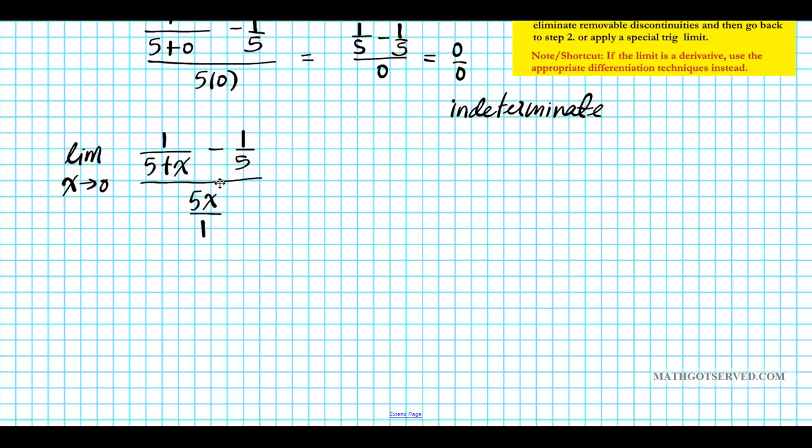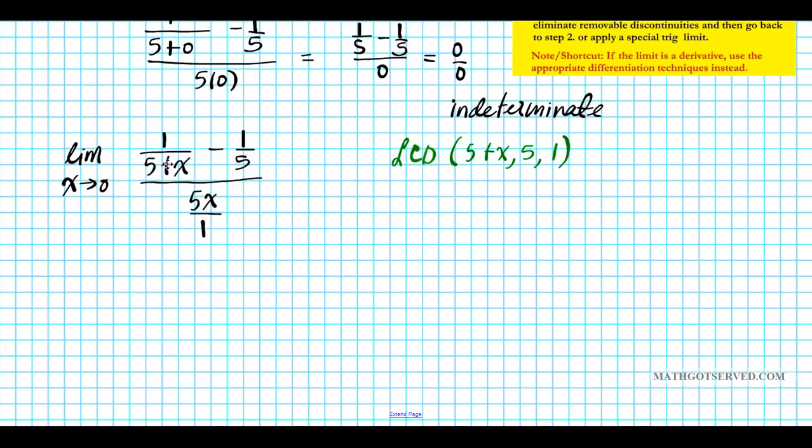So I want to eliminate the denominators by multiplying by the LCD. All you simply do is ask yourself, what is the LCD of the denominators in the numerator and denominator? Okay, so in the numerator we have 5 plus x and 5, and then the denominator of the fraction in the denominator is 1.